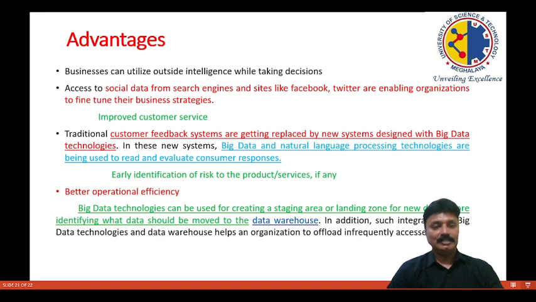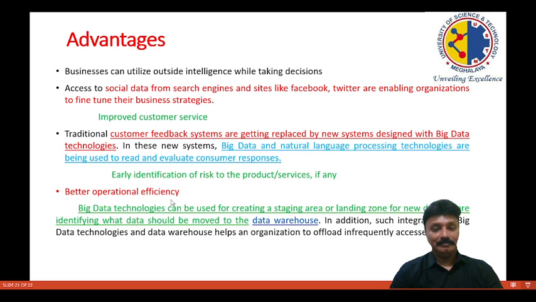Then the third one is the traditional customer feedback system. Big data and natural language processing technologies are being used to read and evaluate customer responses. Based upon that, early identification of risk to the product or services, if any. So this particular risk will be handled based upon the customer feedback system.